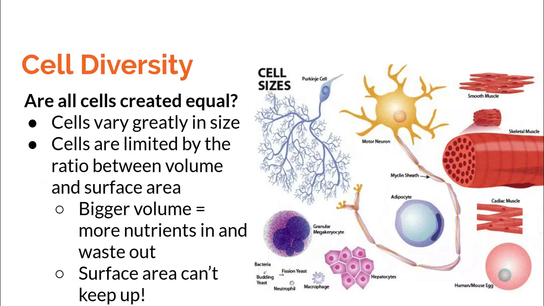If the cell gets too big, it has more volume, more need for nutrients in and waste out than the surface area can allow in and out. Basically, the cell membrane won't be able to keep up with the needs of the cell, and it won't be able to continue at that really large size.